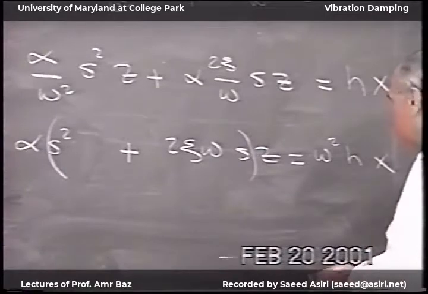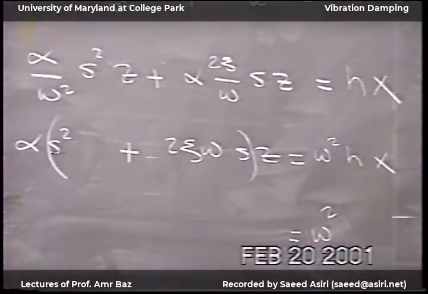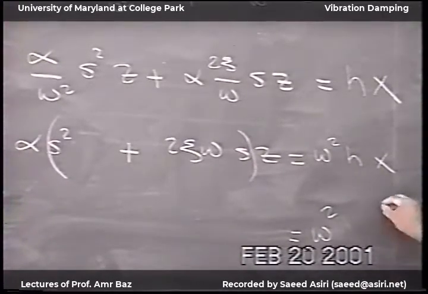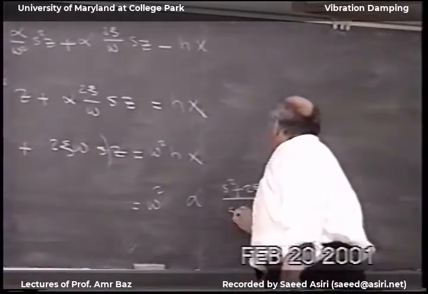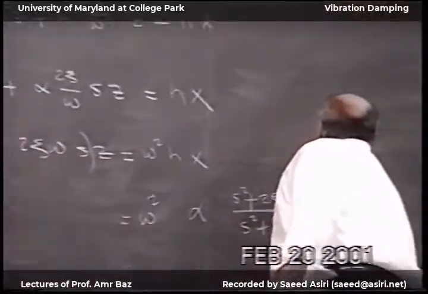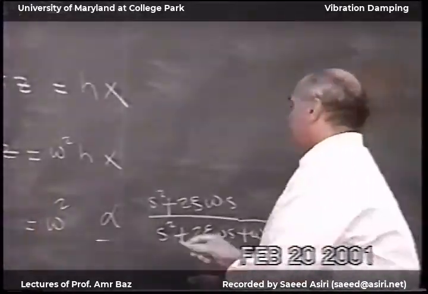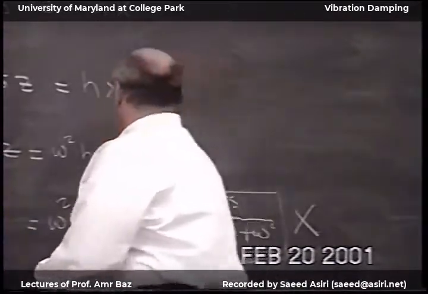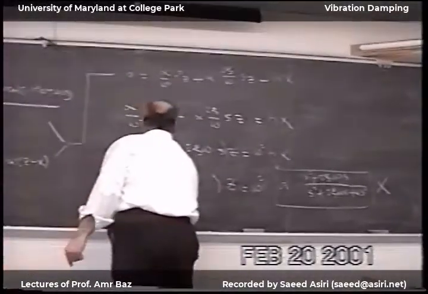And then now here is equal to omega squared, and I'll replace h by what we had for h, which is alpha s squared and then x. This is h. And then I have here z, alpha.